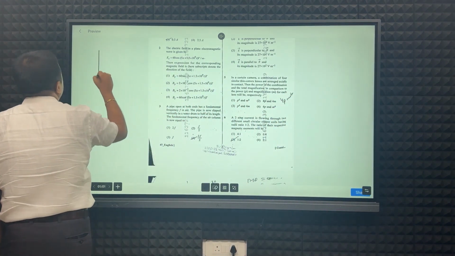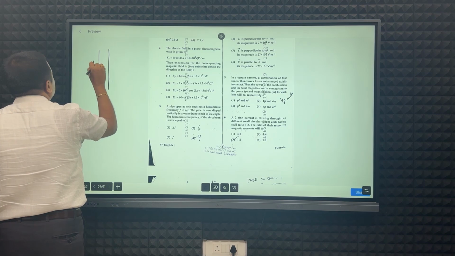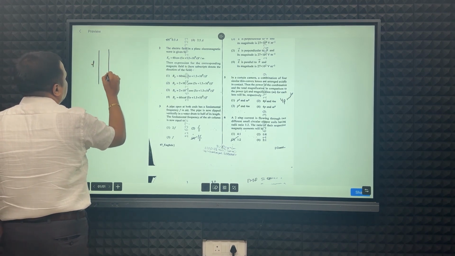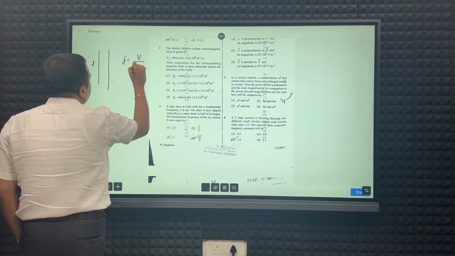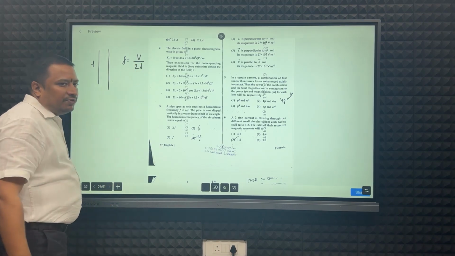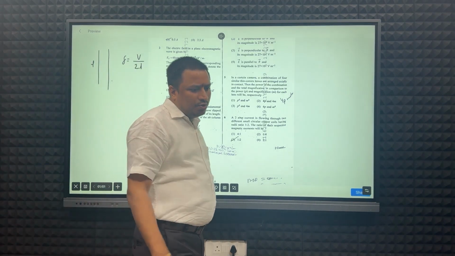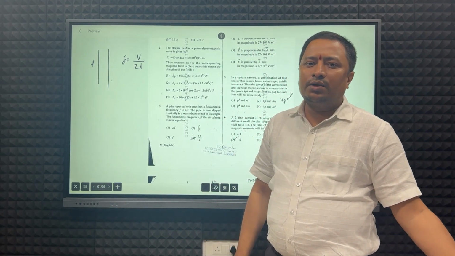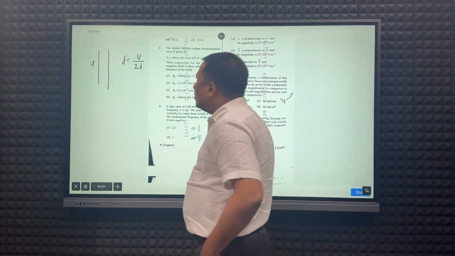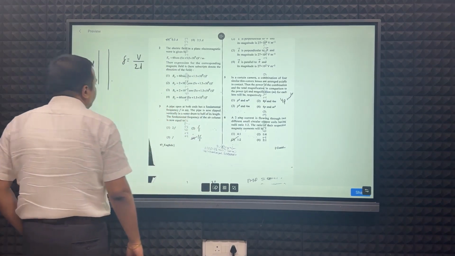There is a pipe of length L which is open at both the ends. So what will be the fundamental frequency of it? V by 2L. I hope you might be knowing this. If you don't, please refer to your NCERT book. This is an open organ pipe. Fundamental frequency will be V by 2L.